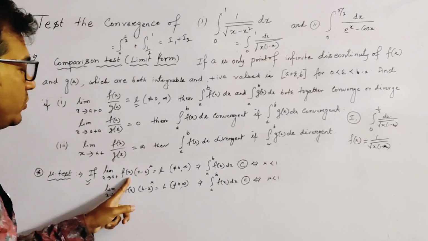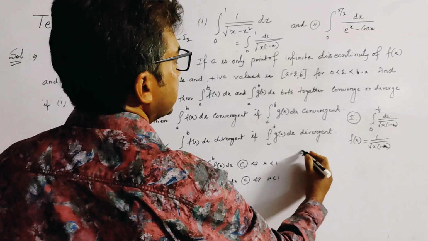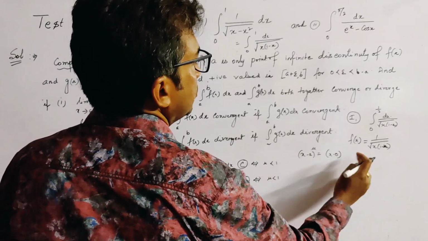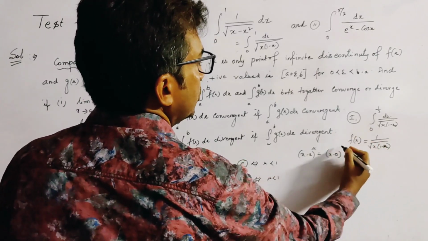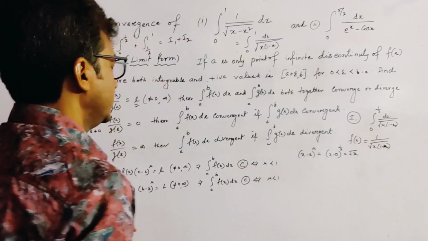Here we take x minus a to the power mu, which is x minus 0, because here a equals 0, to the power half, that is we take root x.